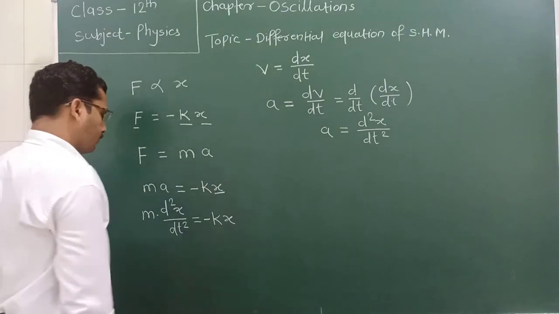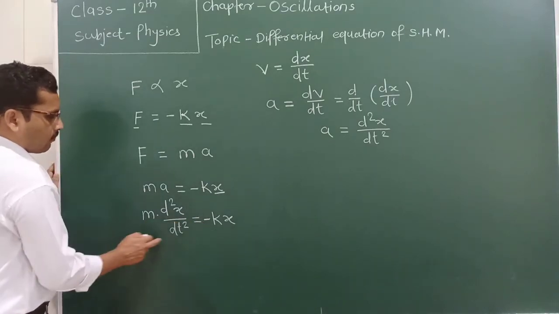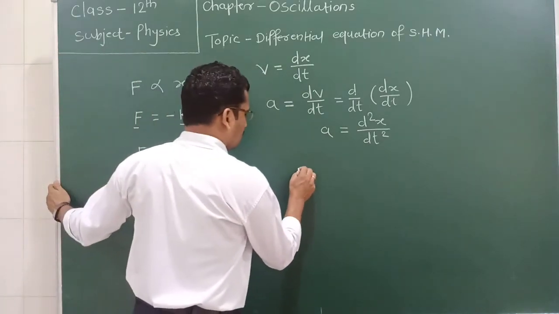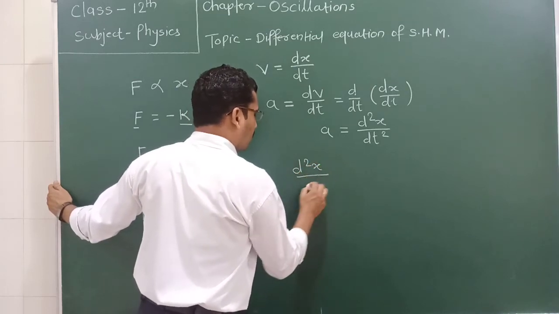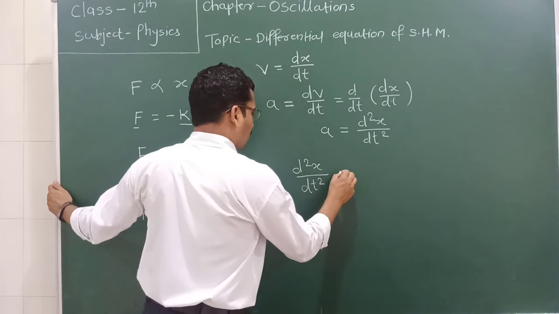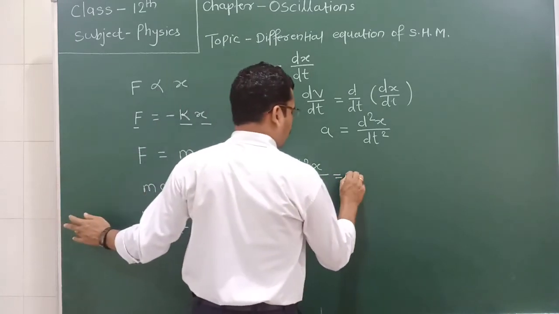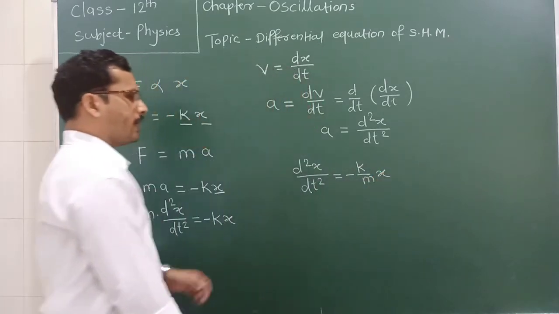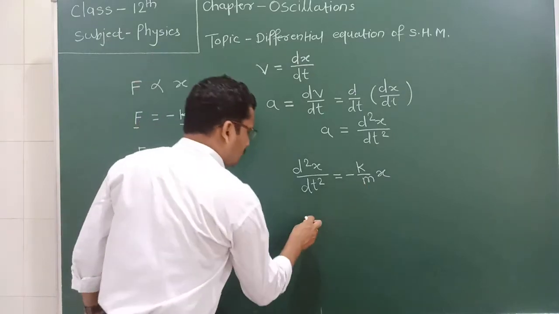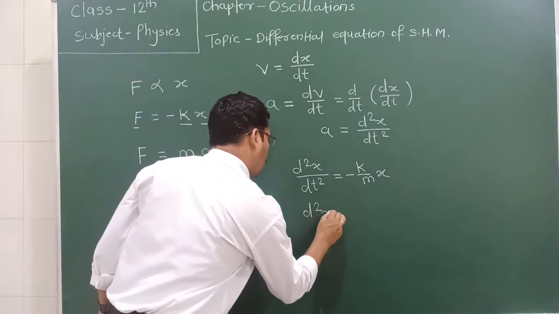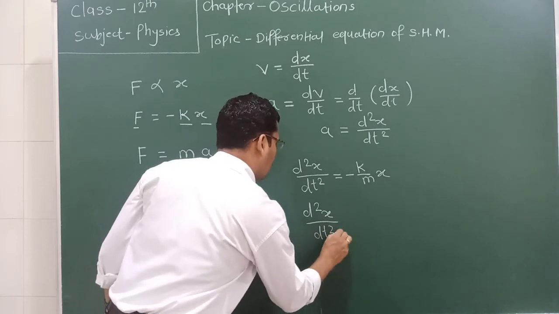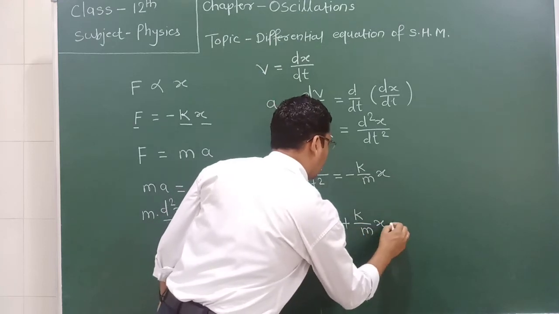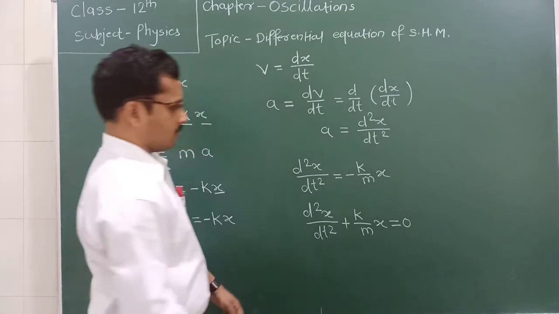Now we divide this equation by m on both sides, so we get d2x by dt square is equal to minus k by m into x. Now we can rearrange this equation, and it becomes d2x by dt square plus k by m multiplied by x, which is equal to 0.